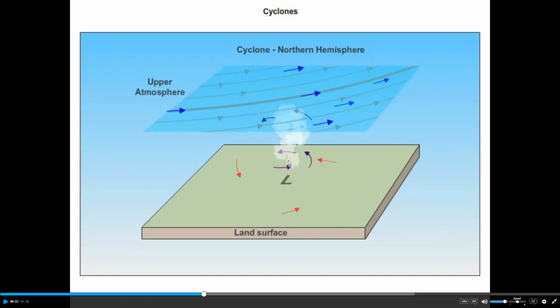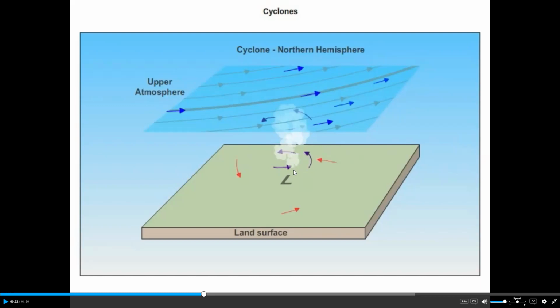So divergence aloft and continued divergence aloft means that we can get more and more convergence, more and more air being brought in and spiraling here at the surface, so it can intensify storm centers and maintain them.